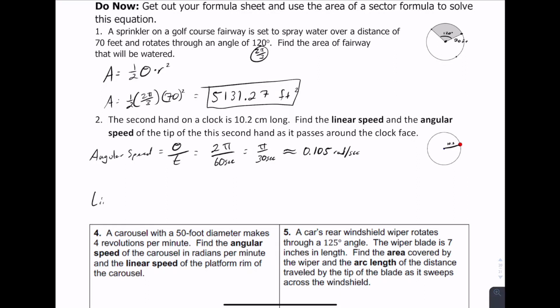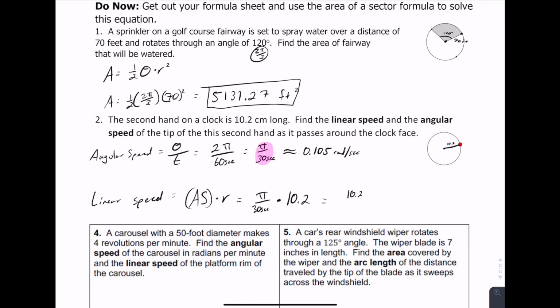Now how do you get the linear speed? Okay? The linear speed is essentially the angular speed times the radius. That should be little r, times the radius. So it's essentially what we got up here, that times the radius, which we already know. So it's pi over 30 seconds times the radius, 10.2, which equals, now we can use a calculator for that.